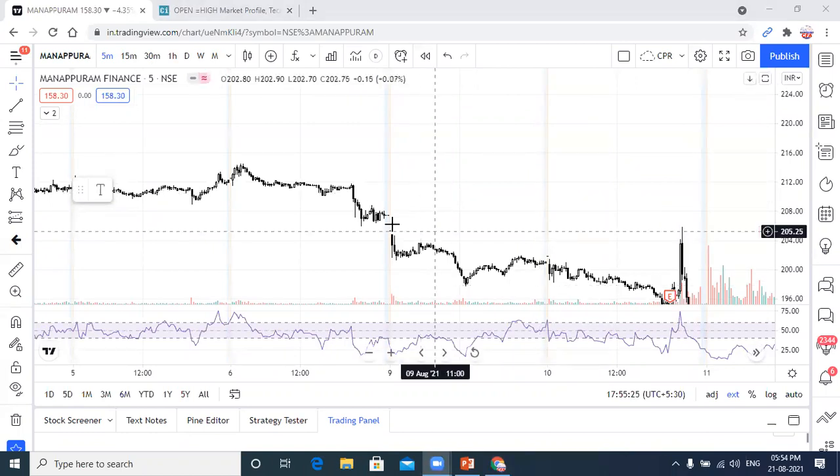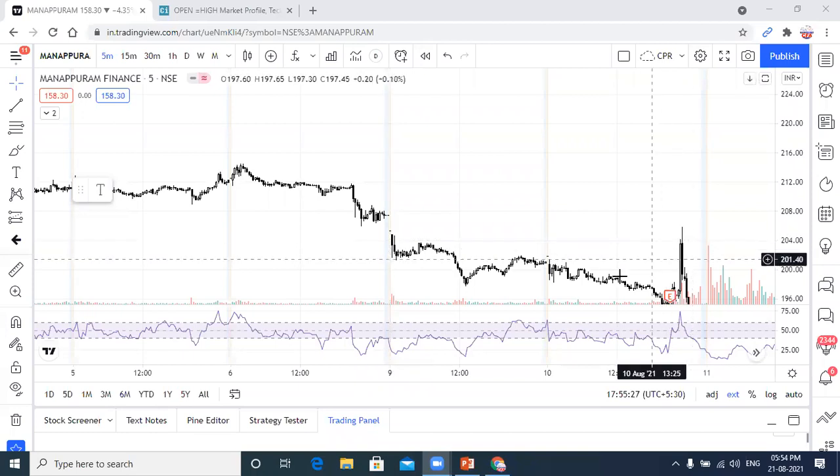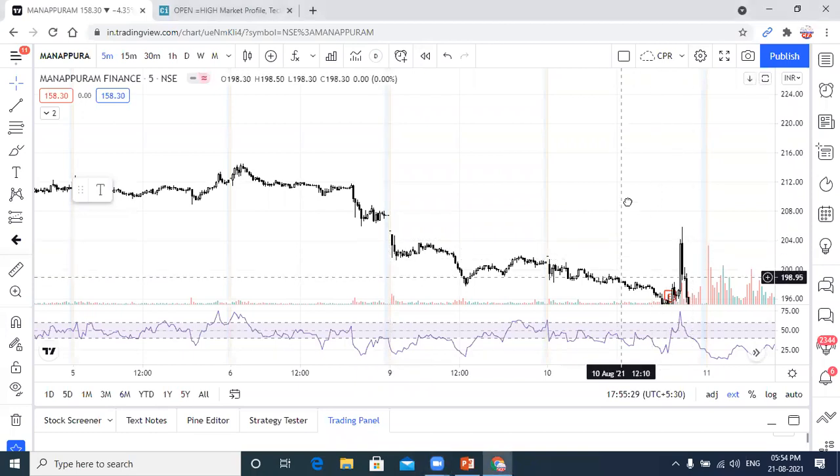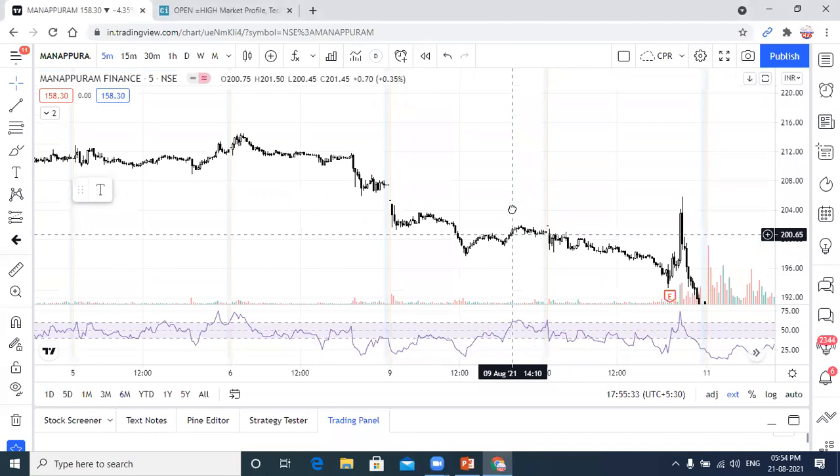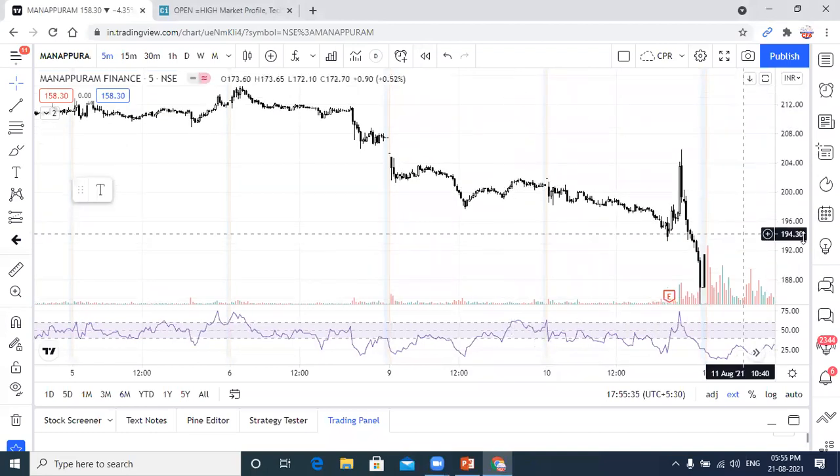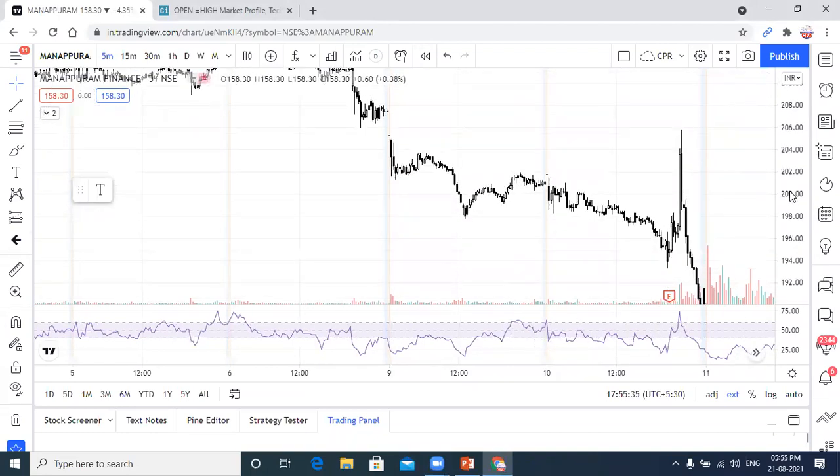Perfect. On the 9th, you can see the same setup again. So in this month, this counter has given 3 trading opportunities. Every time it worked very well. After a gap down opening, just look for open equal to high formation. That's it.